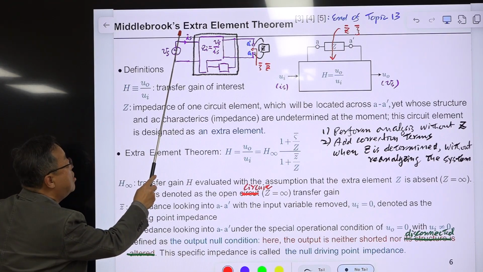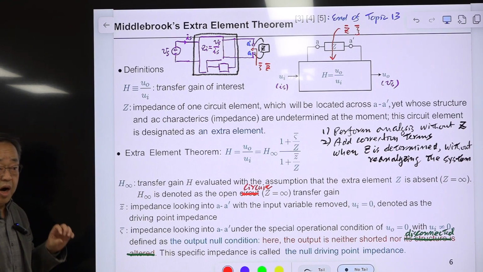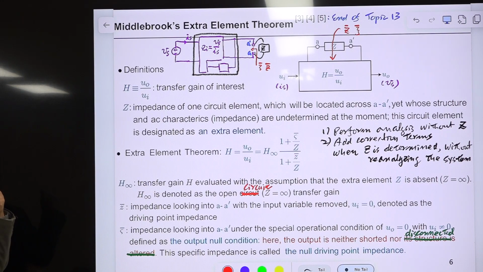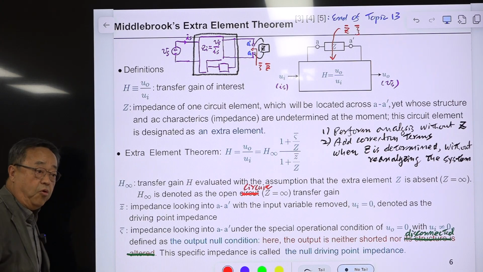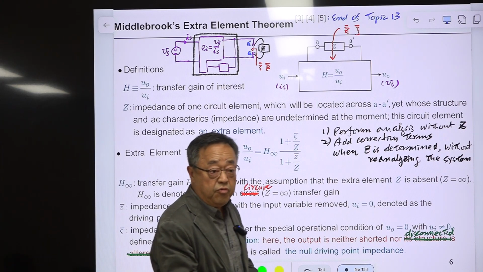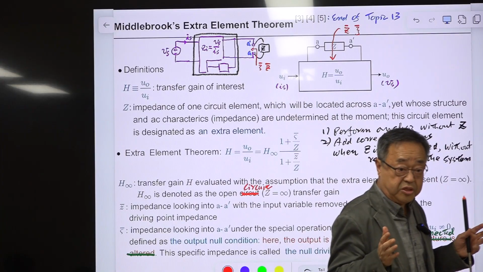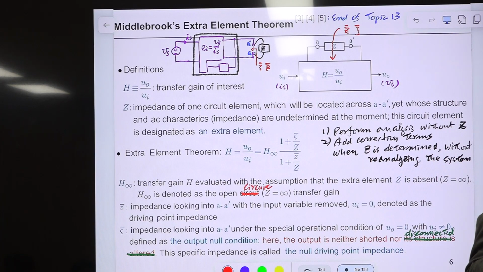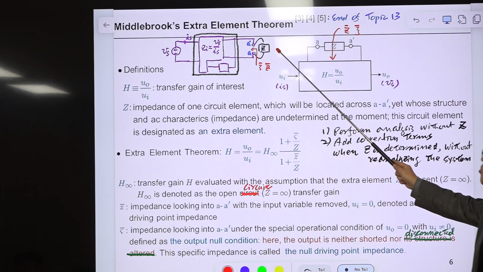VS is the output, and the transfer function of our interest, in this particular case, is the input impedance of the PWM converter. Okay, this is the setup, and this G is unknown, unavailable. We don't have any knowledge about the impedance characteristics. Even the structure is not fixed yet. So initially, we assume this is an extra element.